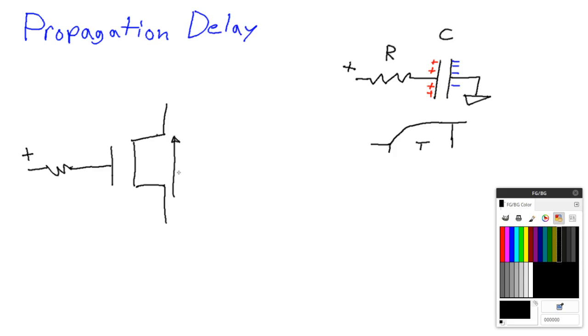But we know that given this model, this doesn't instantaneously close or start conducting. It takes a certain amount of time for it to completely conduct. And so this is what causes propagation delays, right?